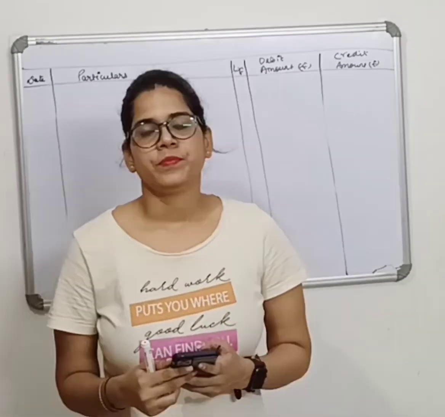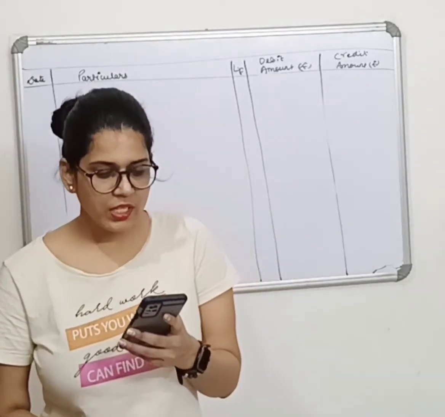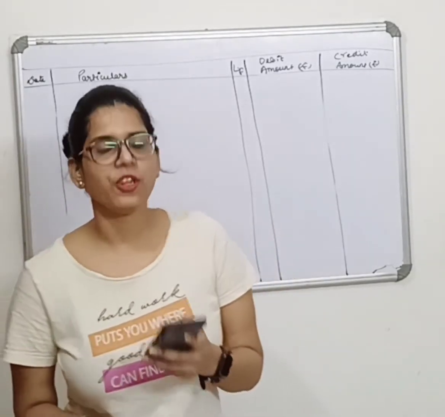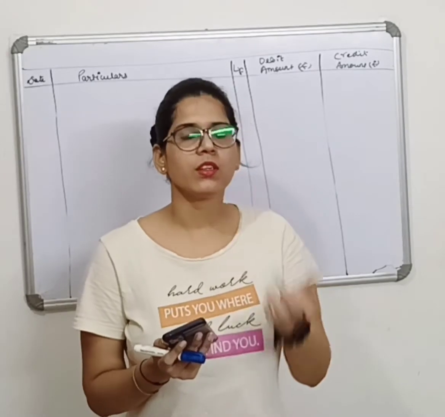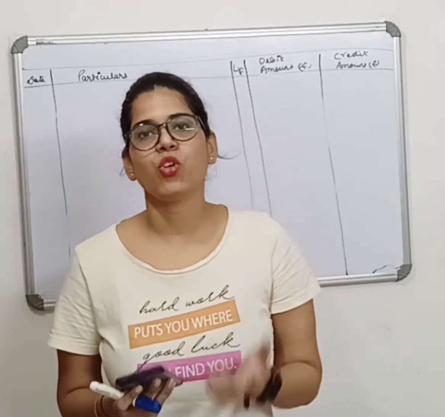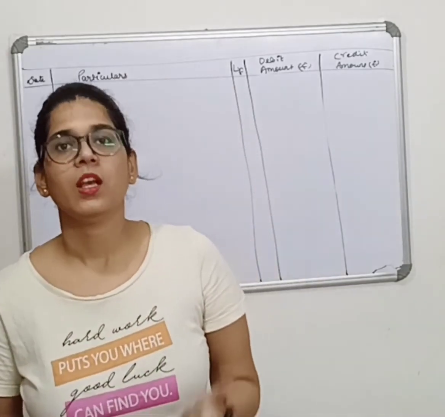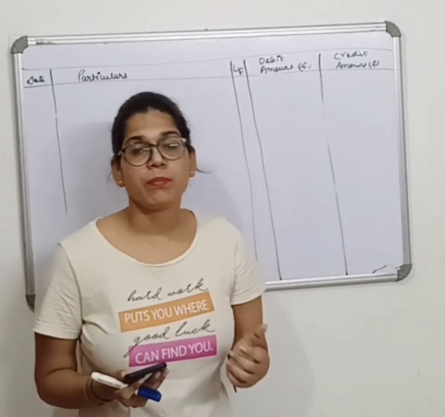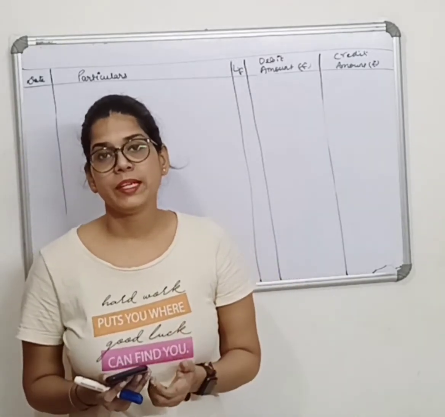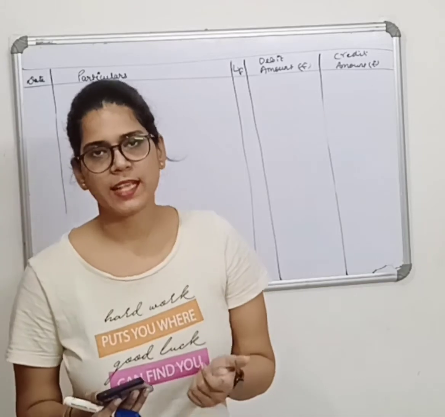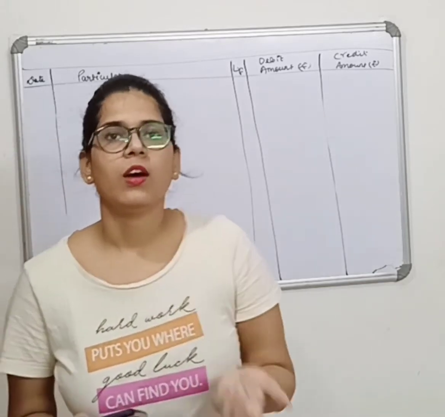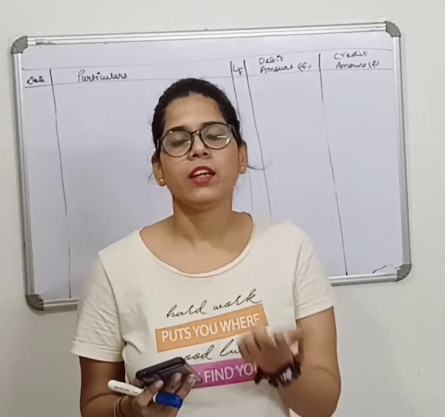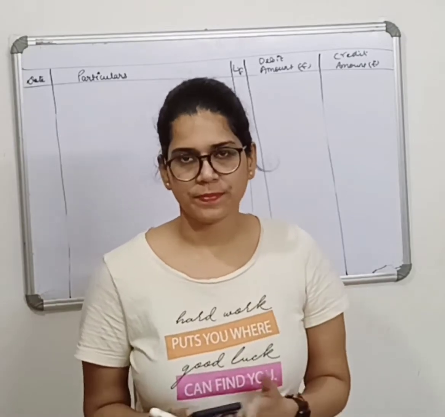Okay, so the next entry is theft of rupees 4,000 from godown. Basically what happens, there are some instances which are not normal to the course of business. For example, a theft has happened, or a fire has taken place, or some kind of mishap that has happened. Basically, it will be treated under the head abnormal loss.